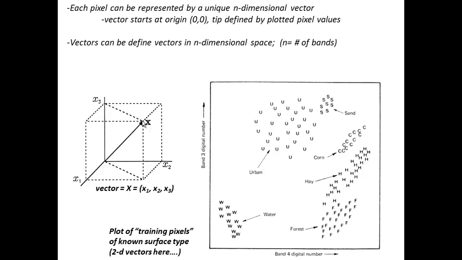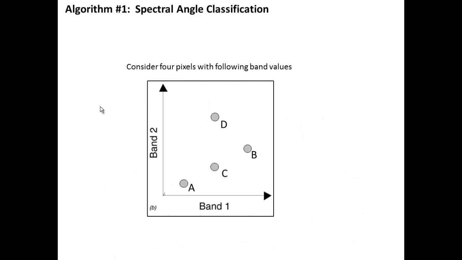It's important to note that mathematically we can define vectors in as many dimensional space as we want, and typically the dimensionality of the vector would be defined by the number of bands you have. So if you have a 7-band Landsat image, you'd have a vector that's defined in 7-dimensional space. Of course, it's impossible to visualize that, but mathematically that exists.